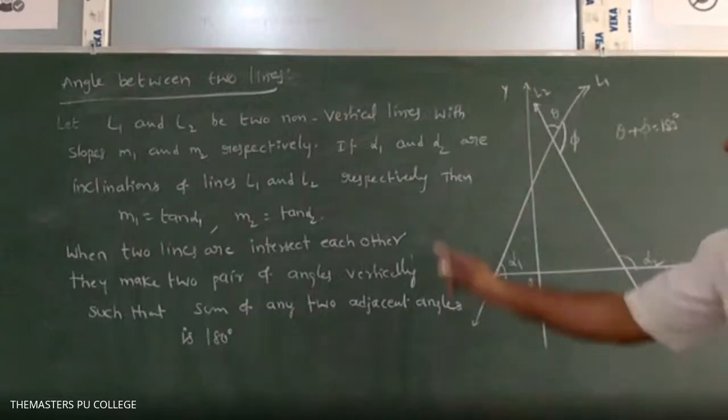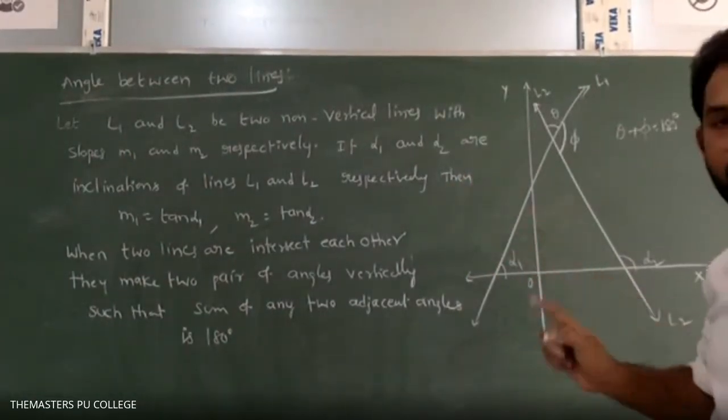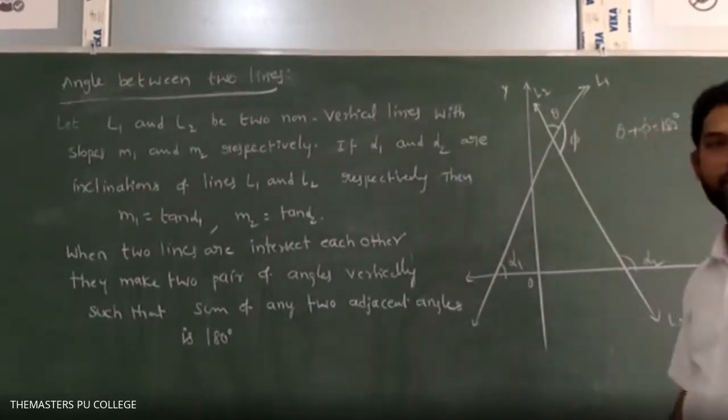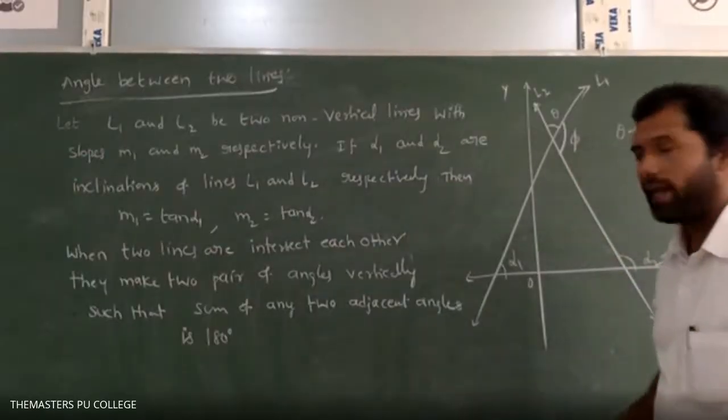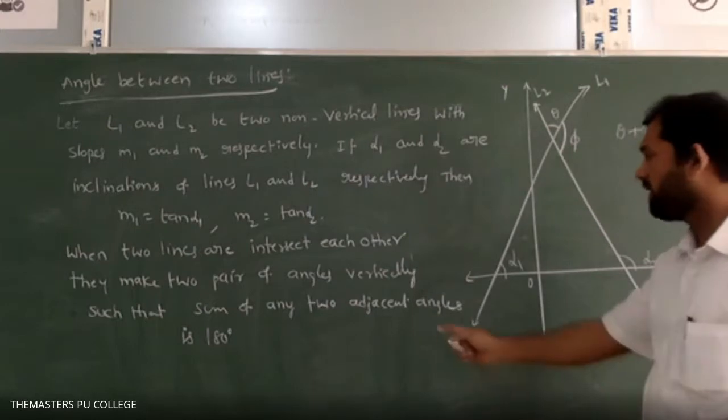What we observed? See once again. When two lines intersect each other, they make vertical angles. One is theta, another one is phi. What is given there?